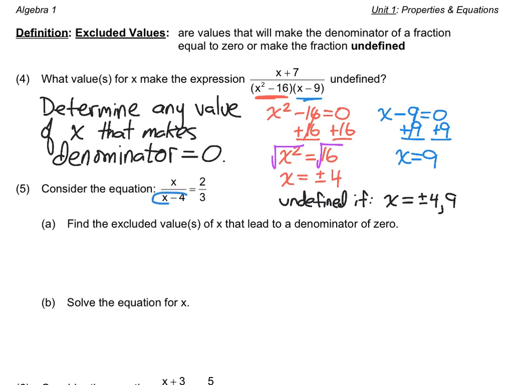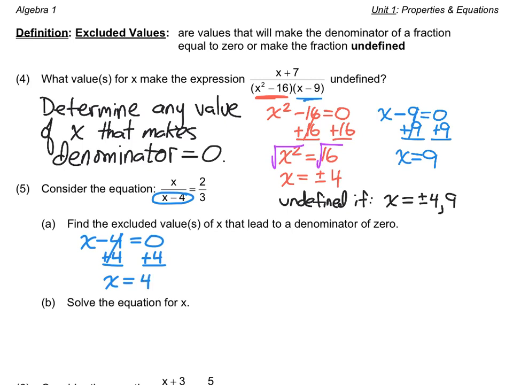It's the x minus 4 that I care about. So if I'm doing it by hand, I would say x minus 4 equals 0. Solve for x, so add 4 to both sides. And I get x equals 4.